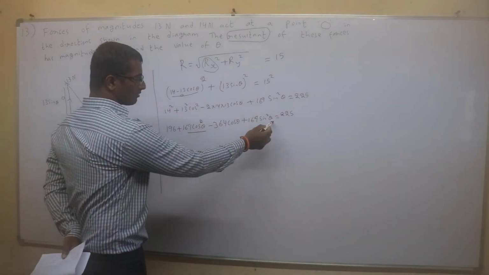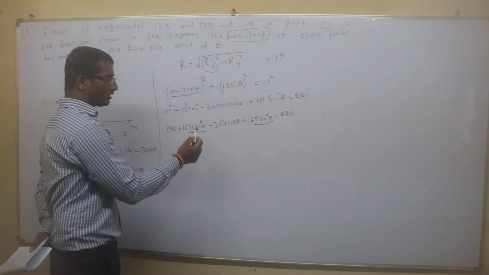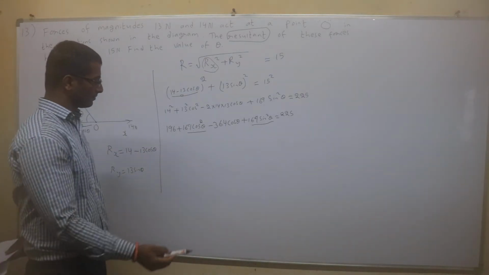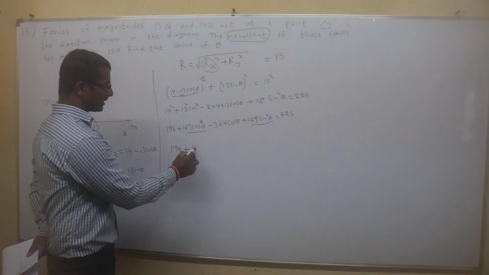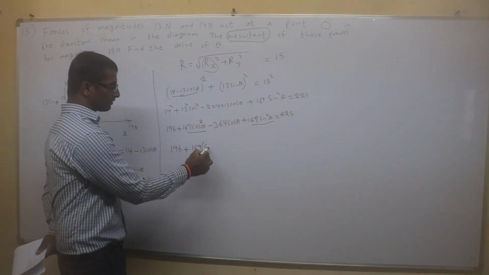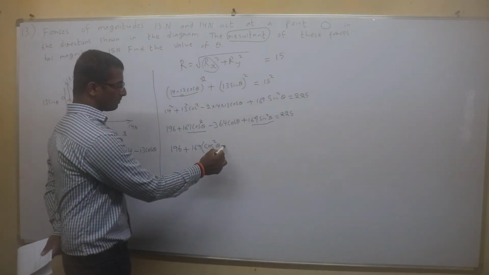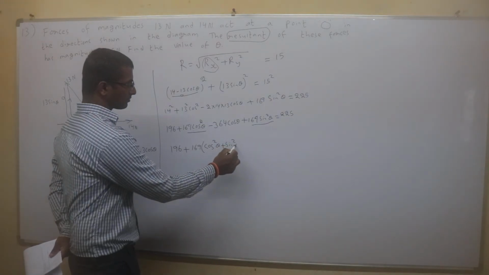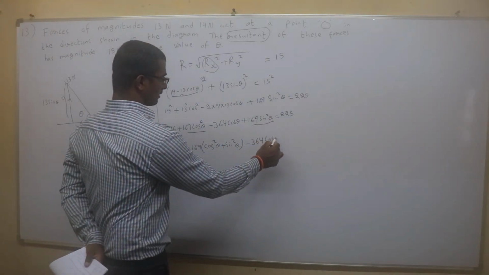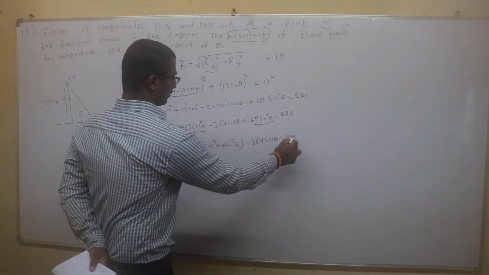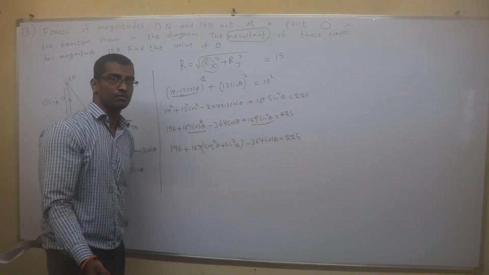If you observe, 169 can be taken common from both. So it becomes 196 plus, if I take 169 common, what do I get? Cos square theta plus sin square theta minus 364 cos theta equal to 225.